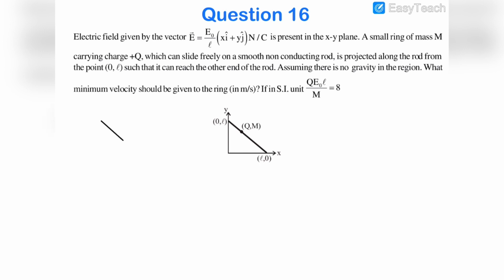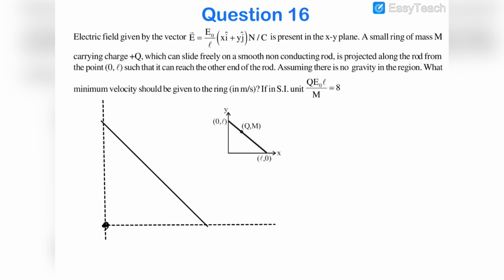You can see that if this is the origin, let us draw the diagram. This is the origin and the electric field is this. Let us draw a perpendicular. This angle is 45 degrees, so this is a perpendicular.